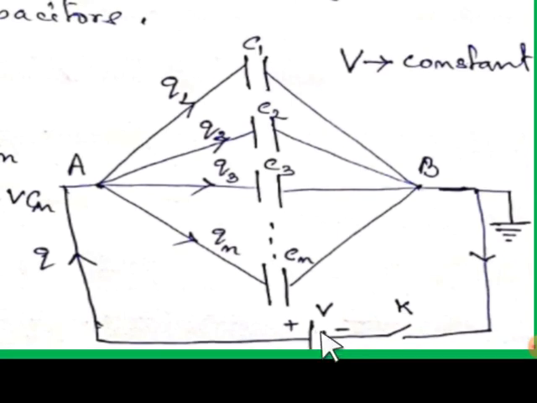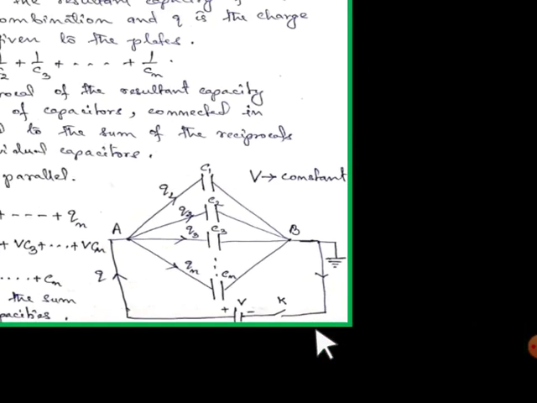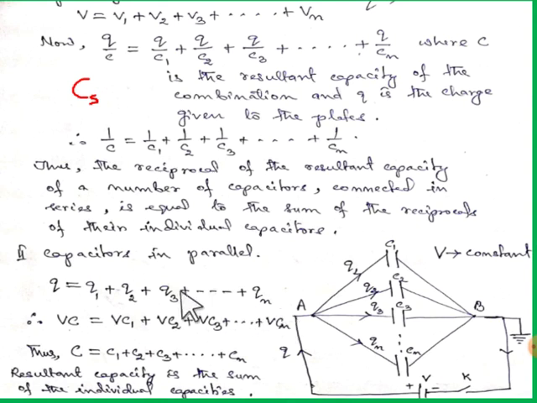That means V again. Got it? Now let's take it in that way. The total charge coming out from the source of EMF will be equal to the sum of q1, q2, q3, so on up to qn. These are the charges stored in each of the different capacitors.